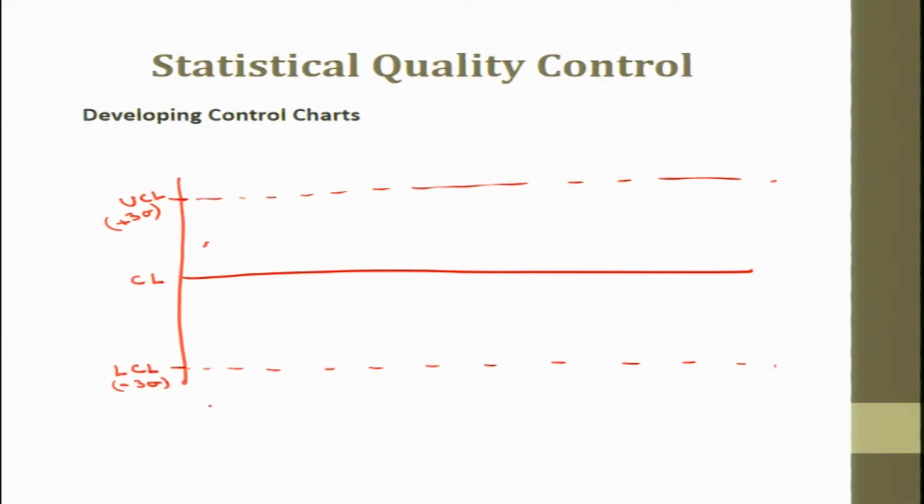Let me say this is the sample number, not sample size. This is just a nominal scale 1, 2, 3, 4, 5, 6. Let me pick 6 points, 1, 2, 3. Then 4 can be here. Then let me say 5 and then 6.